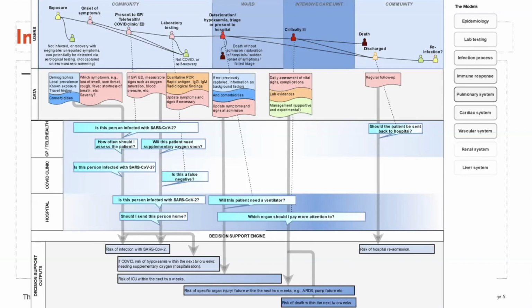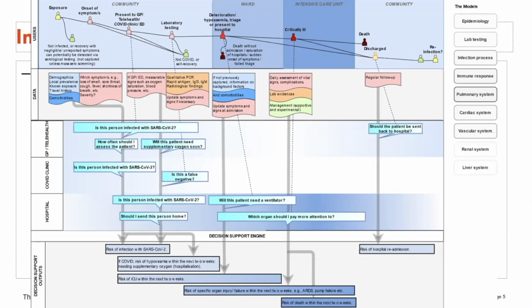But assuming that someone is infected, then there are further questions about whether this is a patient who can be safely managed in the community, or is this a patient who needs to be admitted to hospital? And if they are admitted to hospital, then there are further questions about if and when they are safe to be discharged to home, or are they at significant risk of death and need actually to be in the intensive care unit.